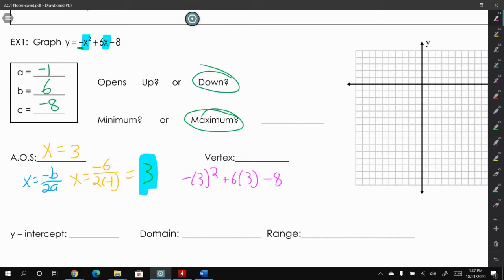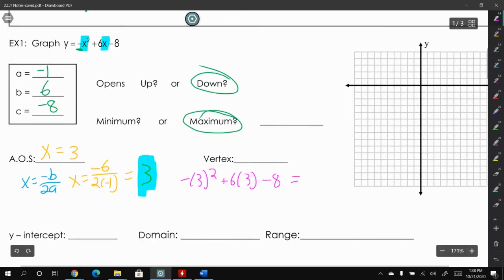Our a value is -1, and the x value we're plugging in is +3, so you have to do +3 squared first and then make it negative. That's something that's very easy to mess up, so I just wanted to point that out. So when I plug that in, I get +1, which means our vertex is at 3, 1. What that also tells us is that our maximum value is at y equals 1.